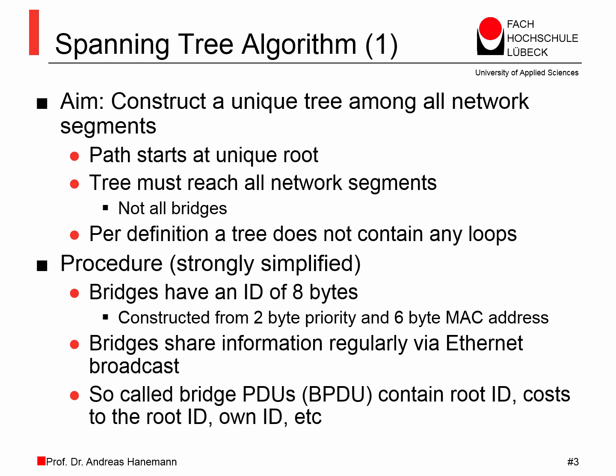In a real network, it makes sense to set the priorities to influence the algorithm result. Then the bridges communicate with each other for some time using the so-called bridge PDUs. Bridge PDUs contain the current root ID, cost to the root, the ID of the bridge itself, etc.